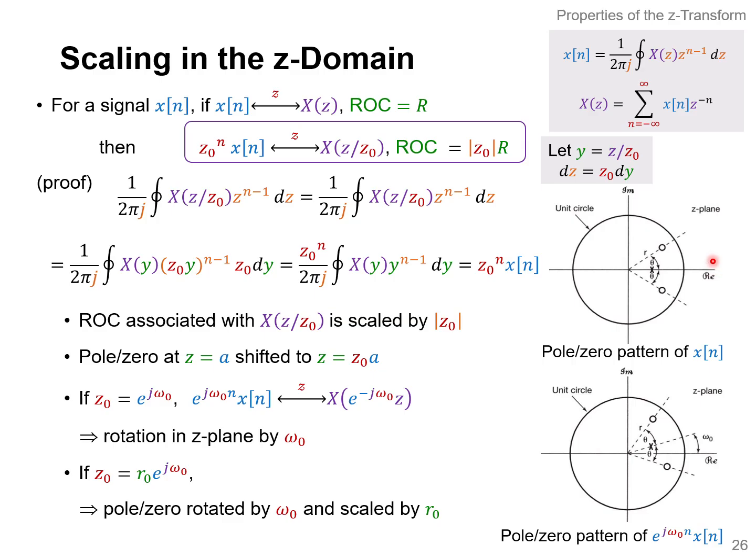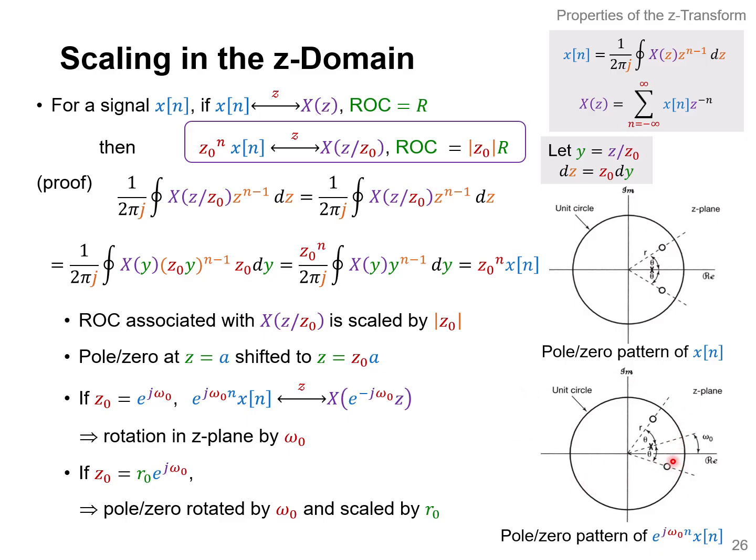So before scaling, the poles and zeros sit inside the unit circle like this. After scaling, the poles and zeros move outward or inward and also rotate by the angle omega 0.